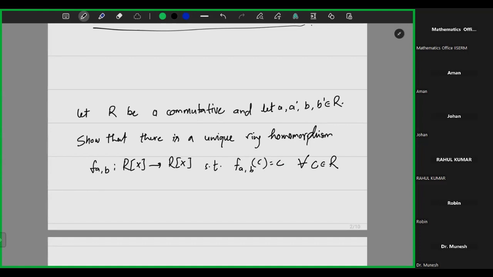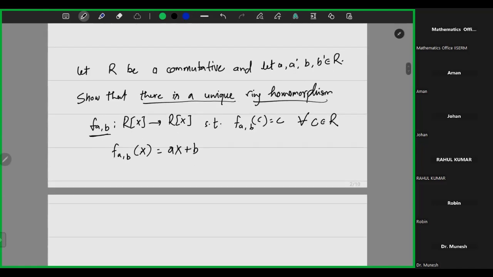So for constant polynomials, F_AB is acting like the identity map. For others, for X, F_AB of X comes out as AX plus B. So we have to show that there is a unique ring homomorphism of this kind, F_AB.